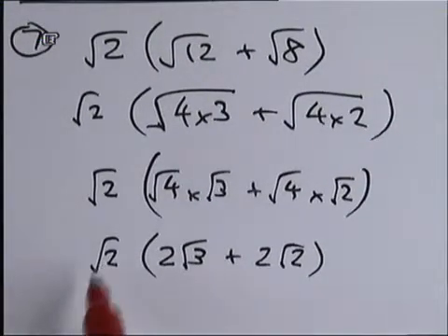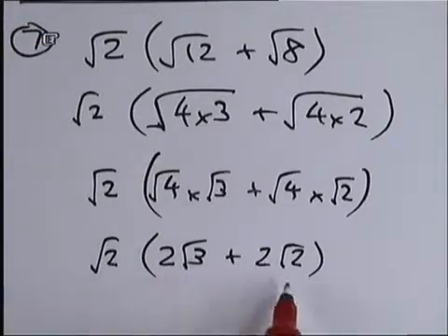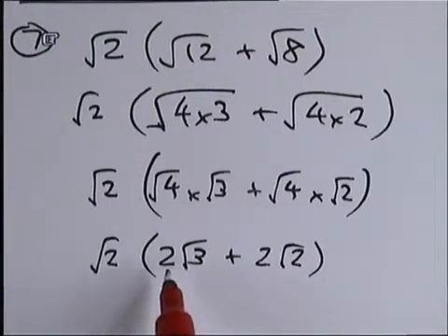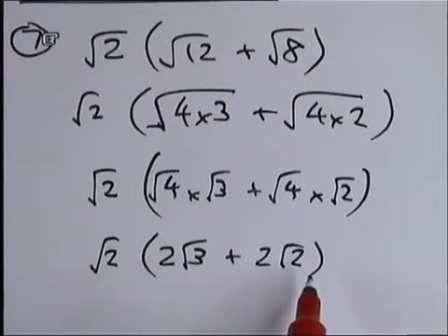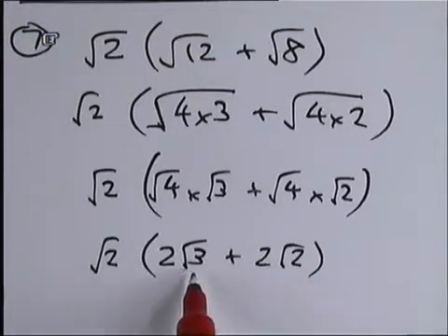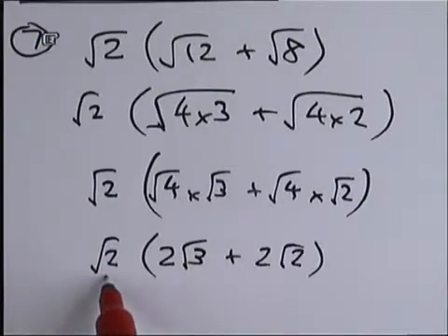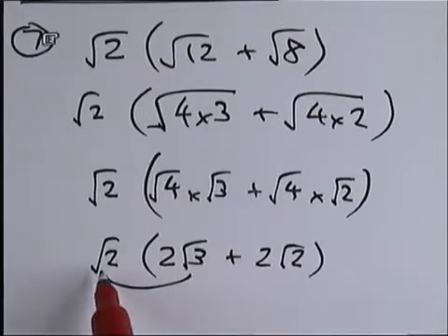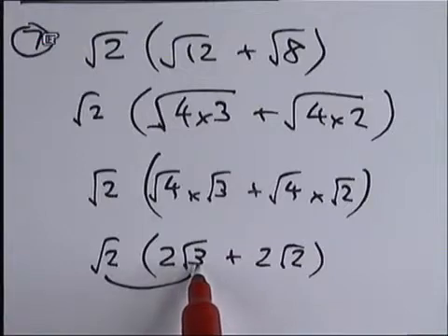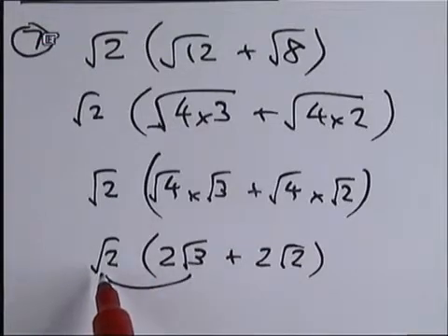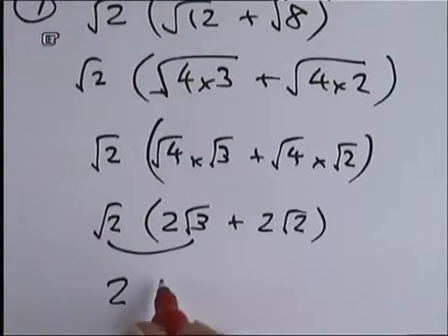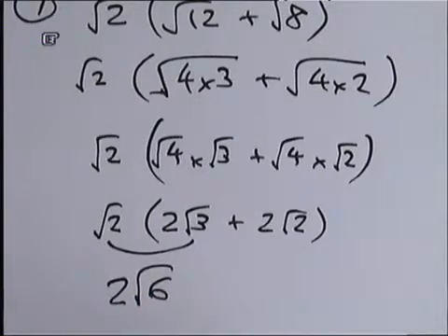Now I need to do some multiplying out. I can't add these two together here because I can't add 2 root 3's onto 2 root 2's and make 4 root 3's or anything like that, because the root 3 here and the root 2 are different things. So what I can do here is multiply this bit here together. So 2 times root 3 times by root 2. Well, the normal number is just 2. Root 3 times by root 2 is root 6, because 2 times 3 is 6. And I'll just leave it like that.